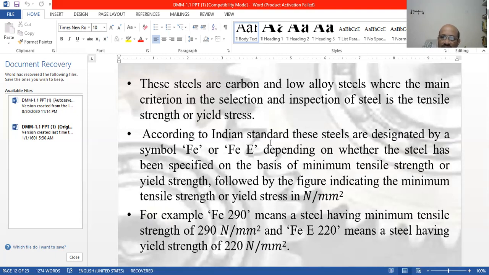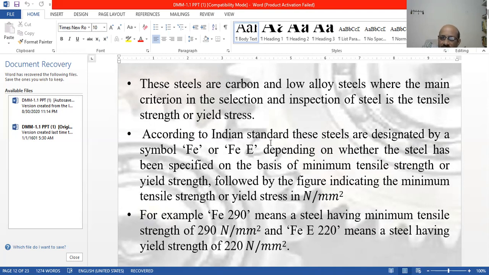What is the unit of that strength? Generally Newton per mm square. For example, what does Fe290 mean? A steel having a minimum tensile strength of 290 Newton per mm square.